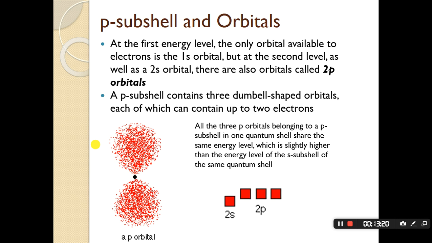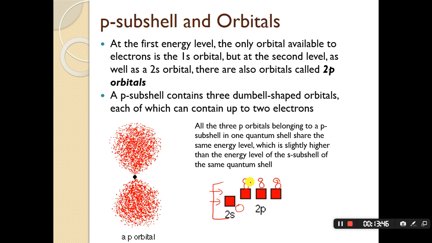Now suppose you were to zoom in on the second quantum shell. It consists of 2 subshells, which are the S and P subshells. The P subshell further contains 3 orbitals. Now we have 3 dumbbells basically here, and this one is spherical in shape.